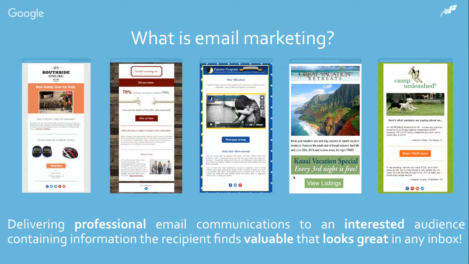Spam is the opposite of any of these. Spam is not professional. It's delivering messages mostly to an uninterested audience, so to someone that doesn't have any connection to your business. And it's delivering content or information that isn't valuable and that probably looks crummy in the inbox. So we're going to show you how to do professional email marketing today.